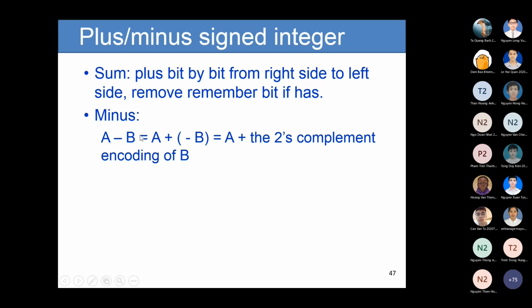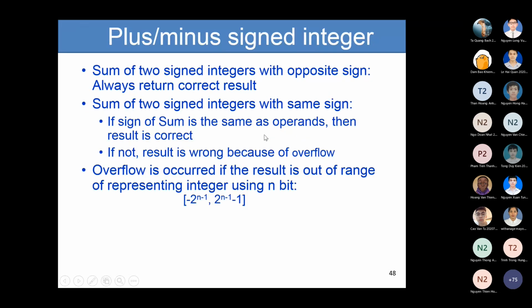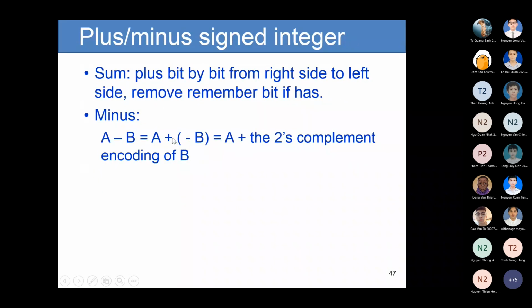So again, a minus b equal to a plus minus b, and equal to a plus the two's complement of b. We use the two's complement encoding of b to represent minus b. So that is the plus and minus.